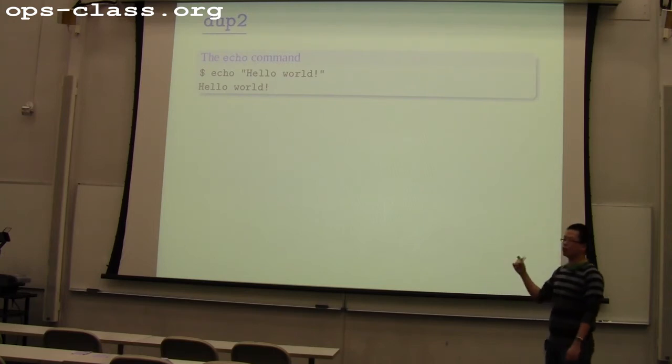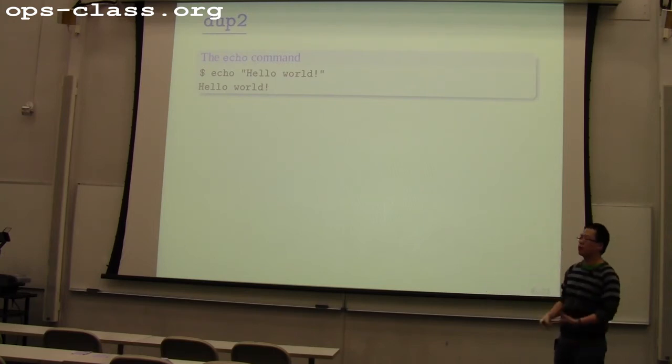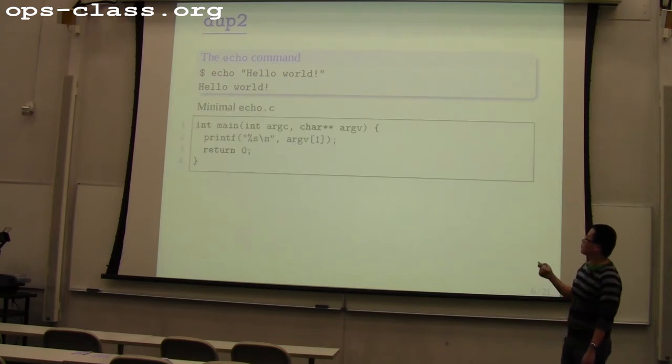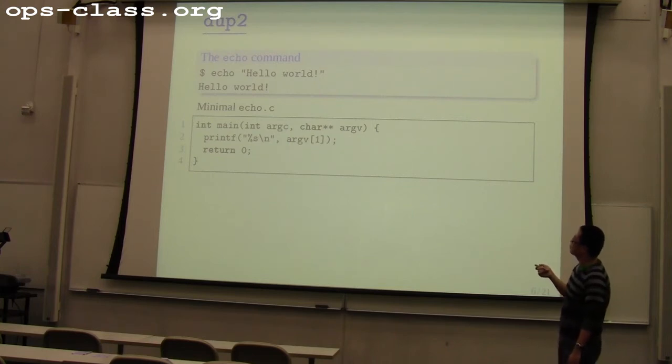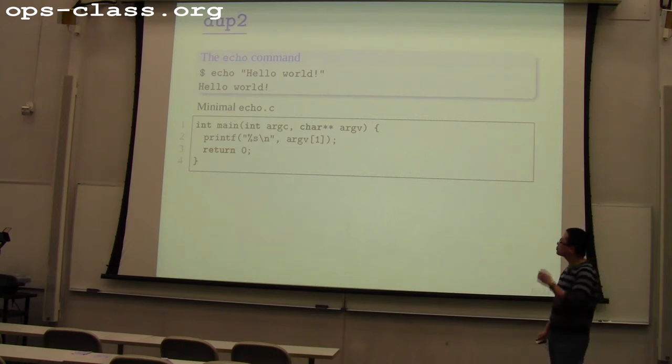You can provide a string to the echo command, and it just prints out the string to stdout, right? And this is the minimal implementation of echo.c. We do nothing in the main function. We just have one meaningful statement, printf of whatever the argument is, and we return 0.